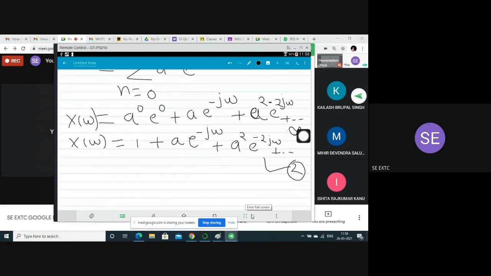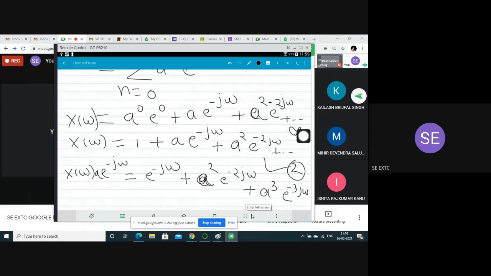So X of omega e to the power minus j omega is equal to e to the power minus j omega plus a into e to the power minus j omega multiplied, so it will become a to the power 2 e to the power minus 2 j omega plus a to the power 3 e to the power minus 3 j omega.